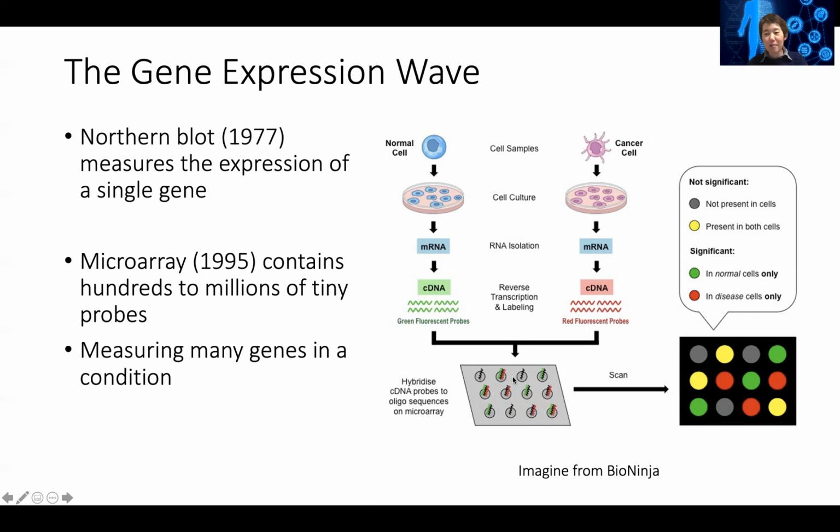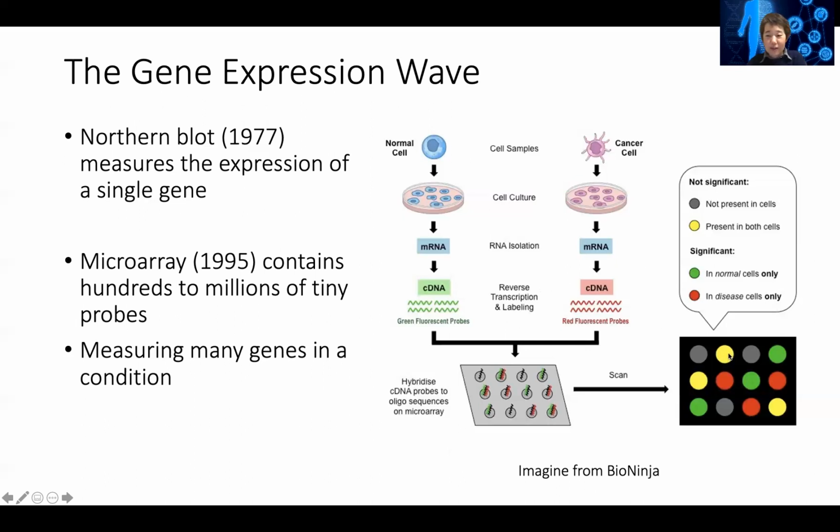And then after hybridization and wash, you shine color onto the slide. You'll be able to see based on the color whether some gene is higher in the normal condition or the cancer condition. For example, if it's dark, it means that this gene is not expressed in either condition or expressed pretty lowly.